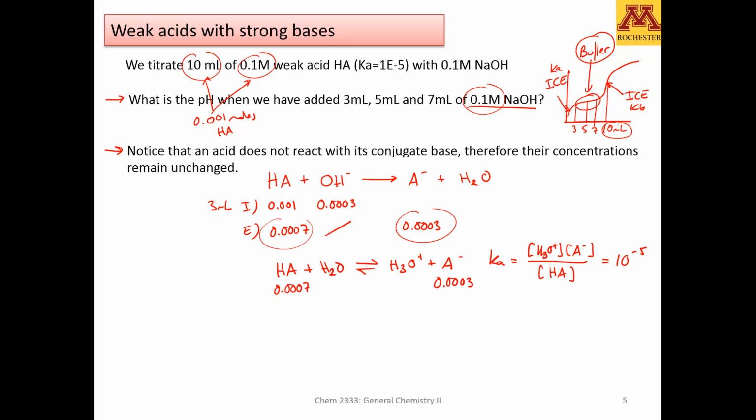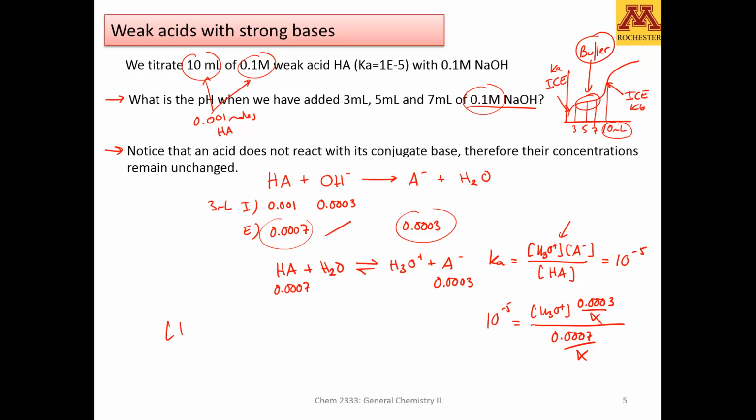So the only unknown is the hydronium concentration, which is exactly what I want to know. So Ka, 10 to the negative 5, is hydronium times 0.0003 divided by the volume, which is 20 milliliters, over 0.007 divided by the volume. Again, the volume cancels out.